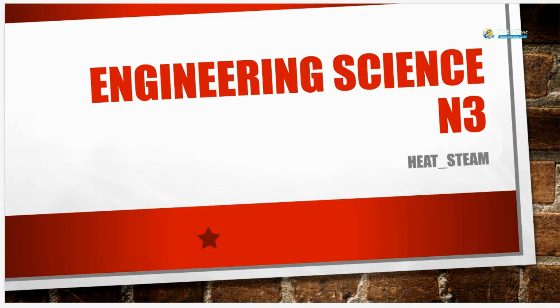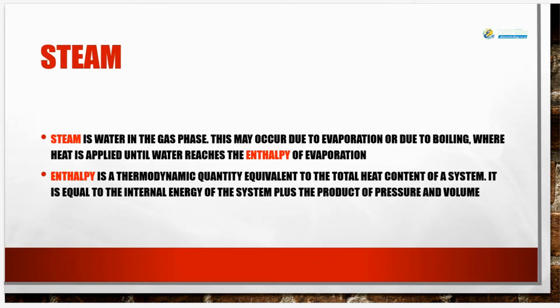We know that when we're dealing with steam, in most cases, steam is produced in boiling water or when a certain object is being heated. Now, let us look at our screen here. We said that steam is water in a gas phase.